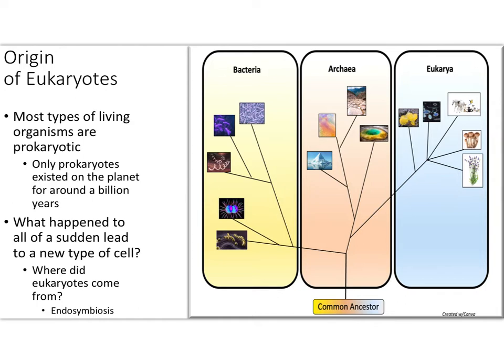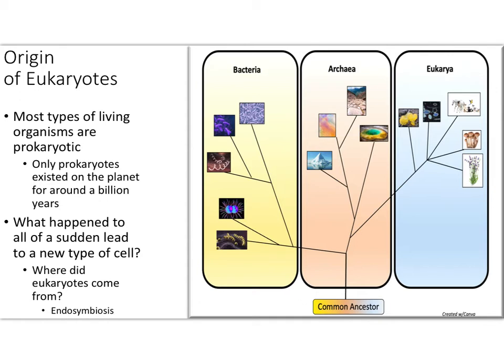So one of the big questions that scientists had about this is, what happened that all of a sudden led to this second type of cell on the planet? If for over 1 billion years, or just right around 1 billion years, all of the life on Earth was prokaryotic, what event happened, or what series of events happened to allow this other type of cell to develop?